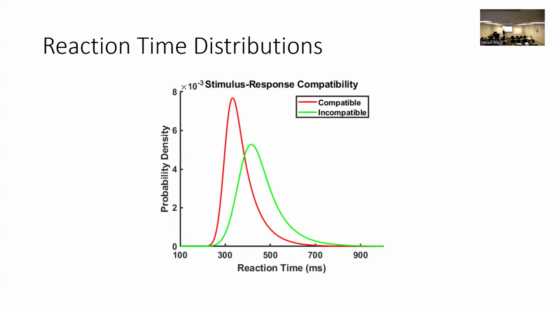But if we get a really fast one over here, it's way more likely that it's from the compatible block. Actually, even if it's here, it's possible it's from the contralateral block, but it's way more likely it's from the ipsilateral block. And conversely, if you get a reaction time, say here, well, it might be from this condition, but it's way more likely it's from the green incompatible contralateral condition.